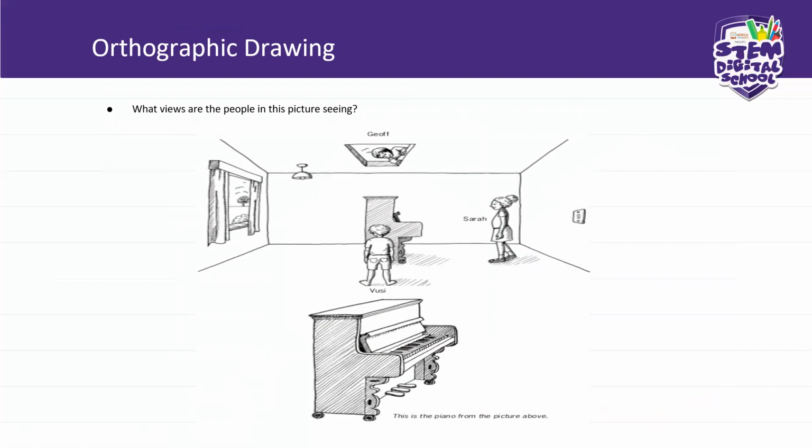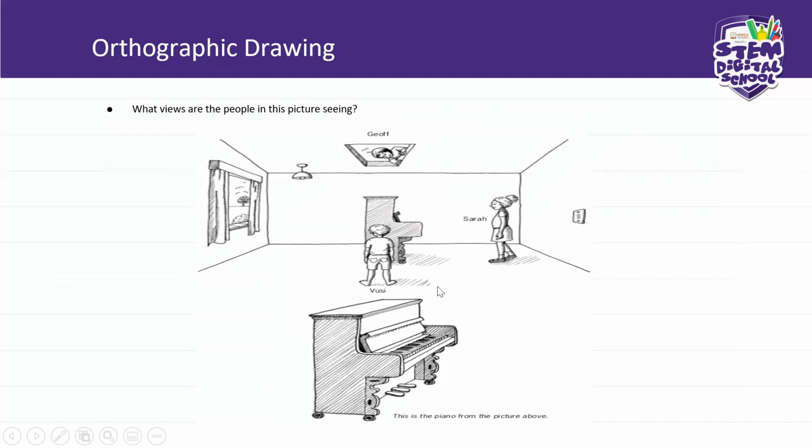These 3 people are looking at the piano. Down here is the piano, which is seen by these people. There's Jeff there, there's Sarah there, and there's Vusi there.